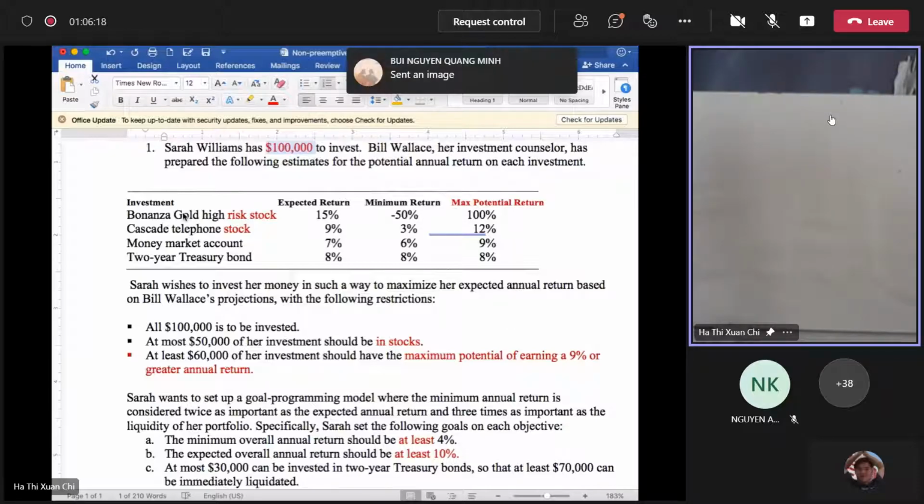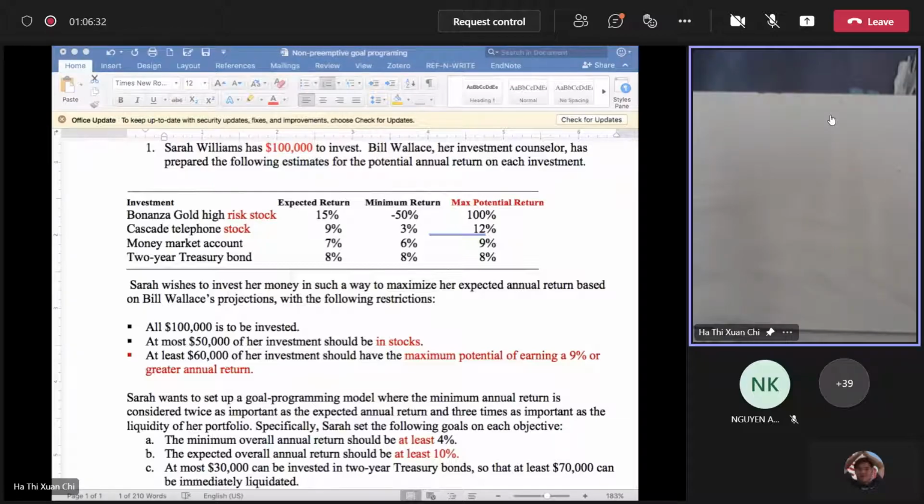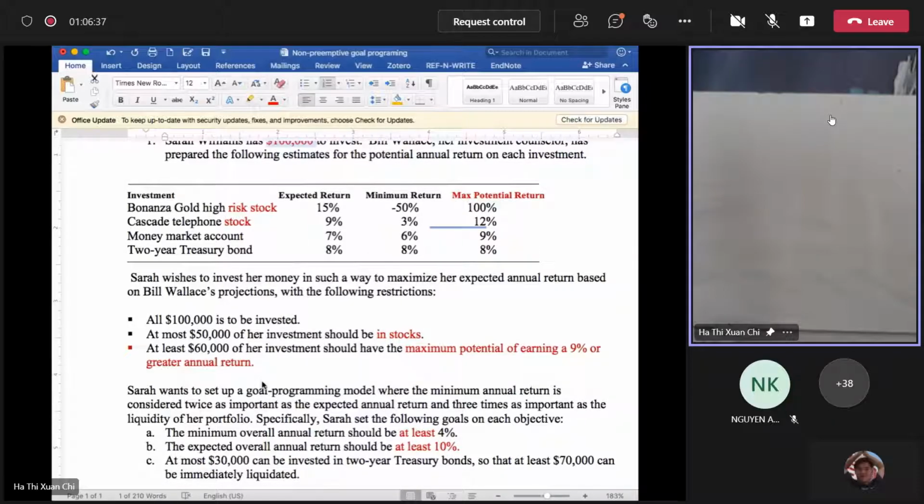She has 4 investments here, and they have an expected return, a minimum return, and a maximum potential return. Sarah wishes to invest her money so that she maximizes her expected annual return based on Bill Wallace's projections.